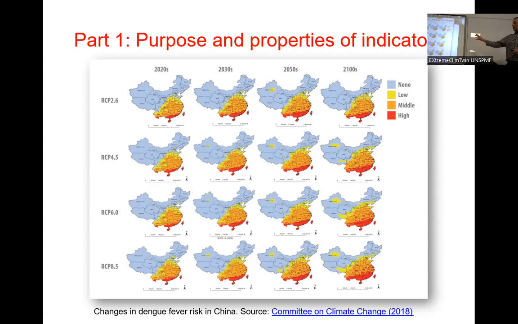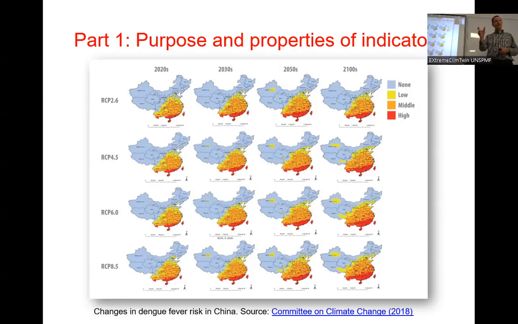So the question is, these sorts of maps appear in the scientific literature. They reveal the changing extent of a climate-related risk, but what would we do with this information? Turning it around, I think I know that there are cases of dengue here in Serbia from about 2009.